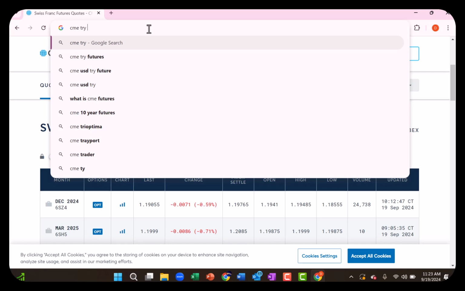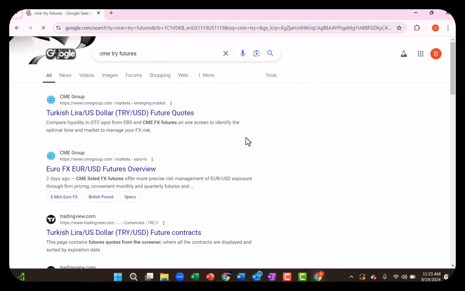CME, TRY futures. You're probably thinking, why is it TRY? Did we talk about that here? Because it's Turkish lira, so you would think TRL. Well, until about 2005, that was the case. But in 2005, the Turkish government got rid of 6 zeros from the currency. If you had 1,000,000 liras, it became 1 lira.